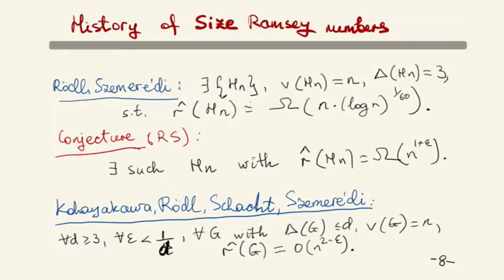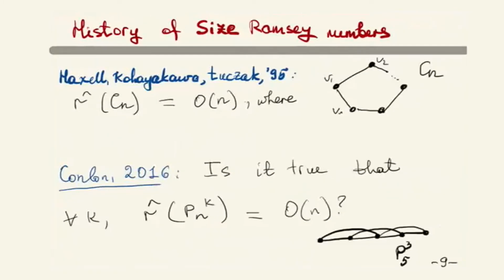So we are actually subquadratic for sure for bounded degree graphs. This is a result by Kohayakawa, Rödl, Schacht, and Szemerédi. And this epsilon has also been improved for some graphs, like triangle-free graphs, for example, which was improved by Rajko Nenadov and David Conlon. Yeah, so for some graphs this epsilon is improved.